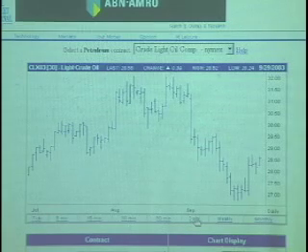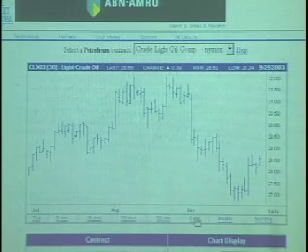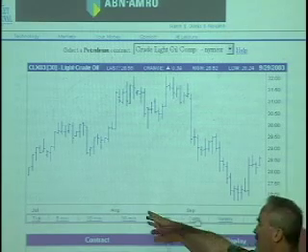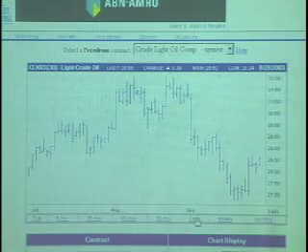I've made $4 a barrel, 1,000 barrels per contract, that's $4,000. So you would liquidate your position by putting in an order to sell a November crude oil contract sometime in August. So you bought at 28, you sold at 32. That's how a speculator makes money, right? You buy low, you sell high.